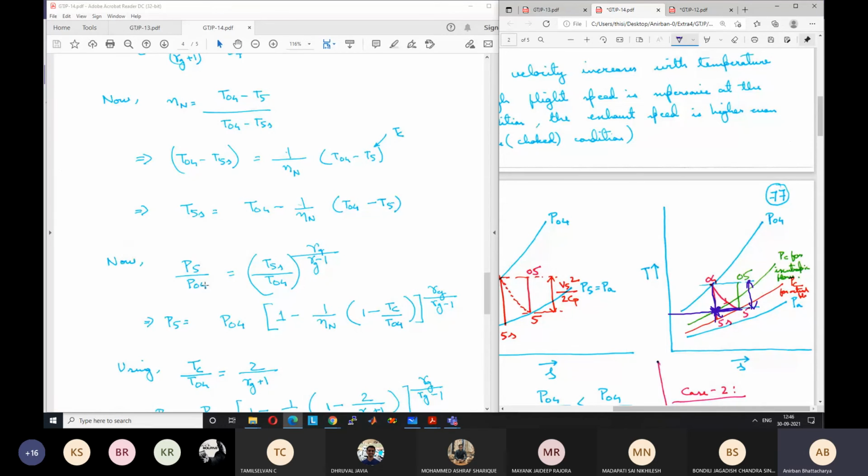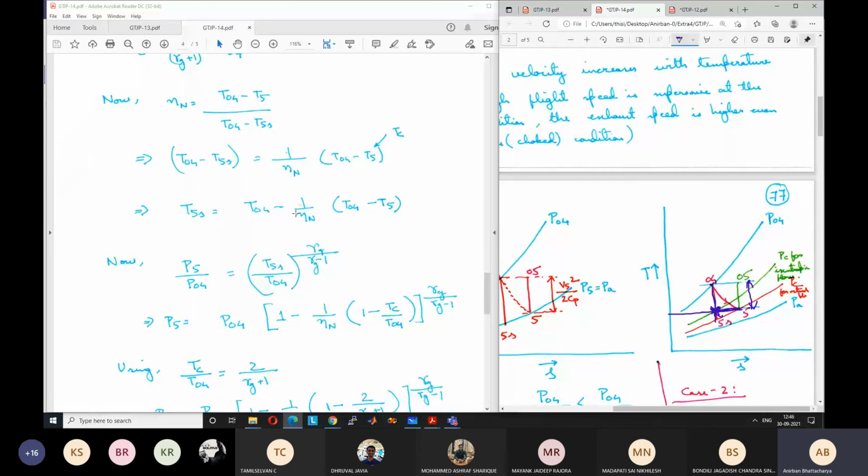So what is this term, T5s by T04? You can divide T5s by T04. We will get 1 minus 1 by eta n into 1 minus Tc by T04. The entire thing is within the bracket to the power gamma g by gamma g minus 1.